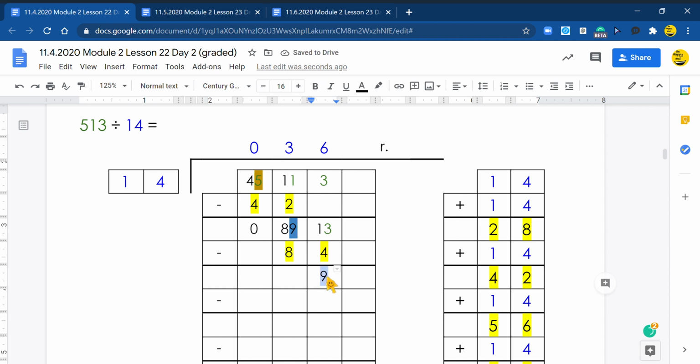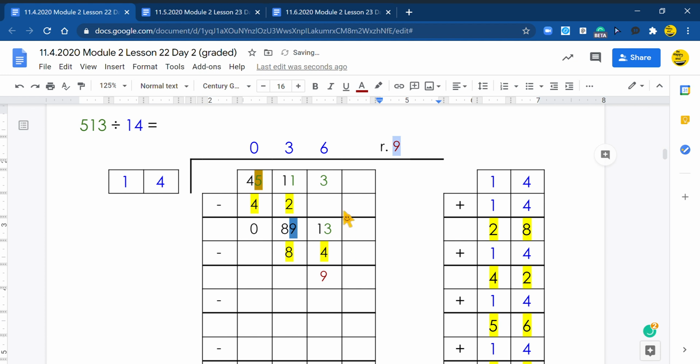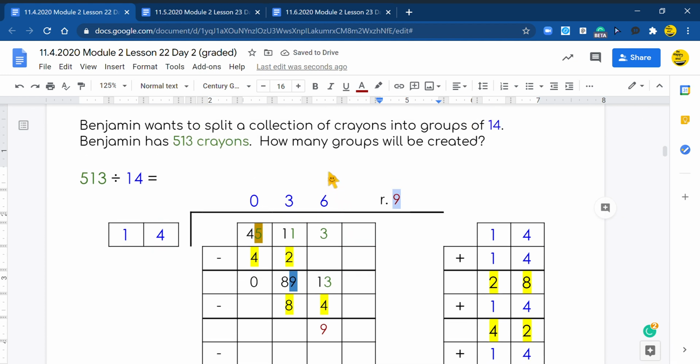And now I have this remainder because out of 9, I know I can't take 14. So my poor little remainder here gets brought up to the quotient. So this is saying Benjamin, with his 513 crayons, created 36 groups with 9 left over.